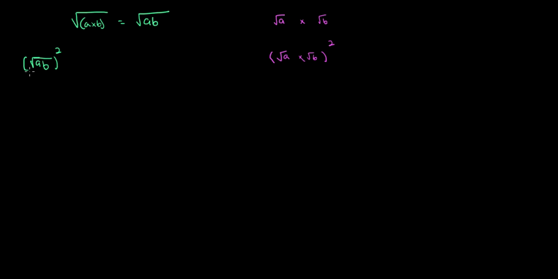And let's work with this end first, the root of ab. Well, the square root of ab can be written as ab whole raised to the power half. That's what the square root of ab is.